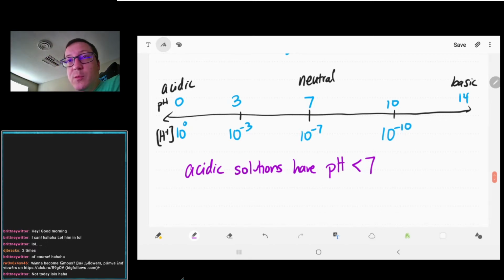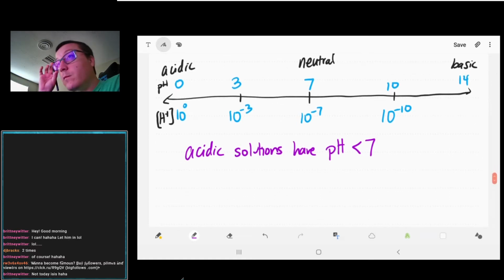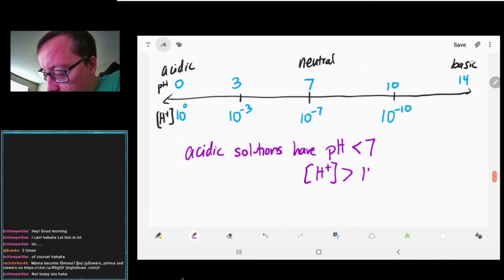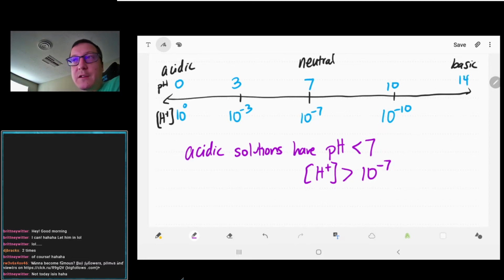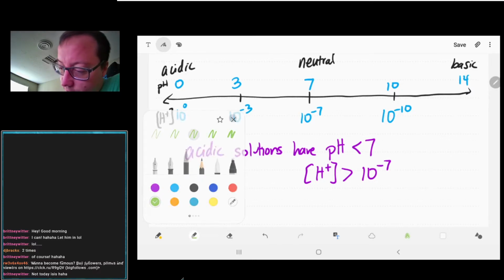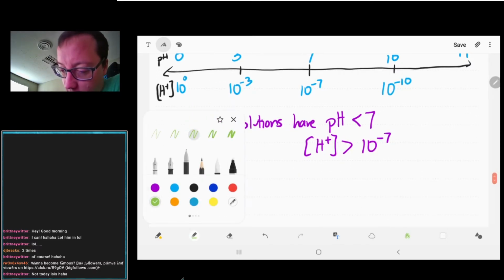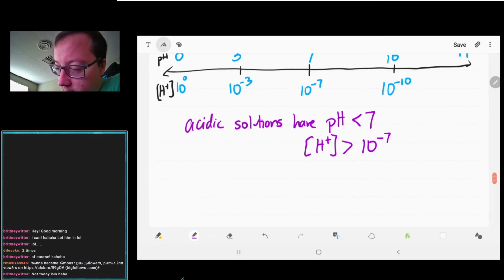So your pH would be less than 7 for an acid, or a concentration of H plus that is greater than 10 to the minus 7. So if you see an exponent of 10 to the minus 6, you know you have an acidic solution. Basic solutions are just going to be the opposite. Actually, let's just do one more thing. This can also tell us that we have an OH minus concentration that is less than 10 to the minus 7.